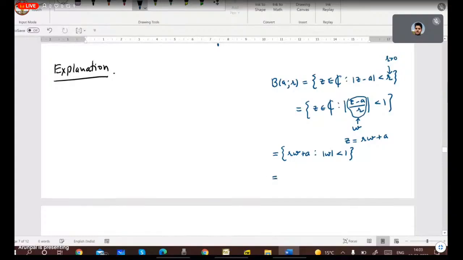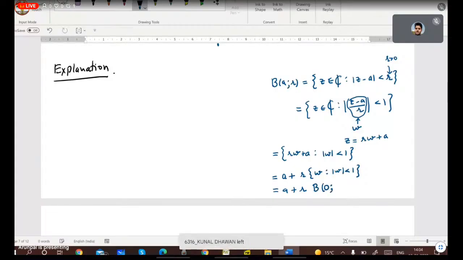And class, further, using the linearity, this set is nothing but A plus R times the unit ball centered at origin and having radius 1. Is this okay, class? Yes, sir.